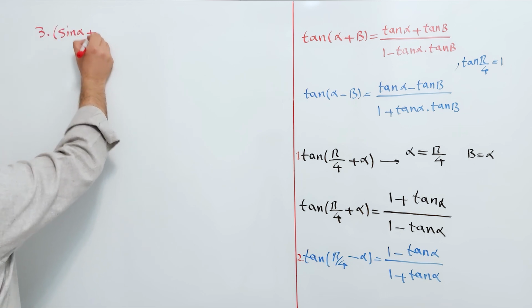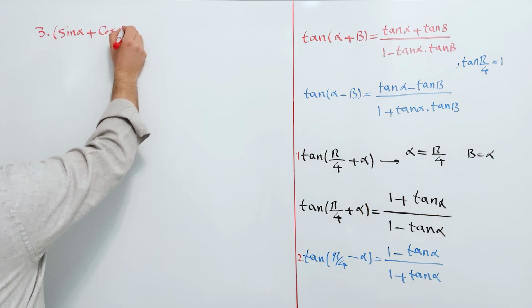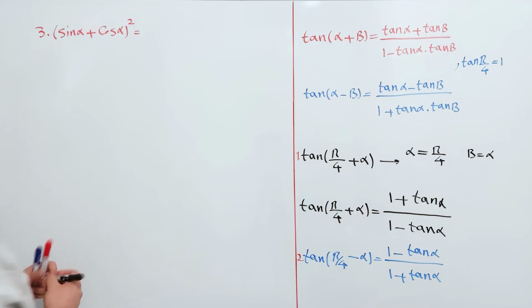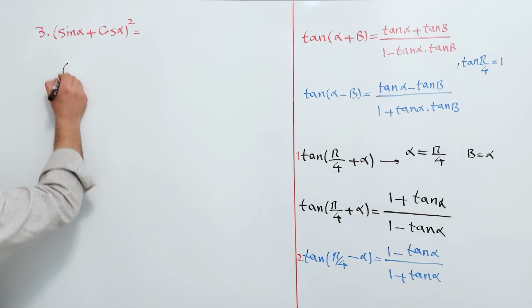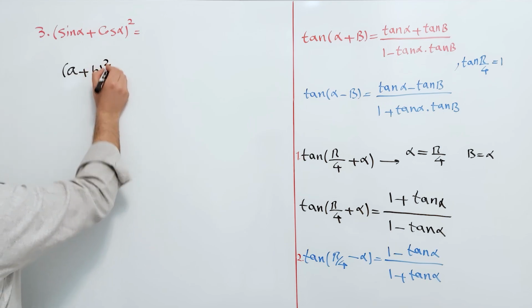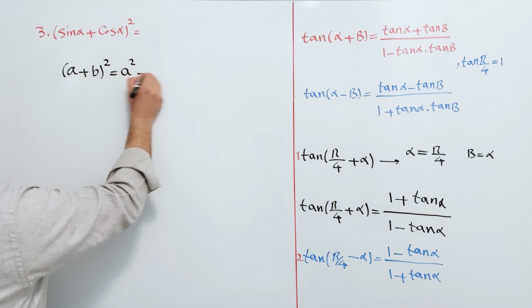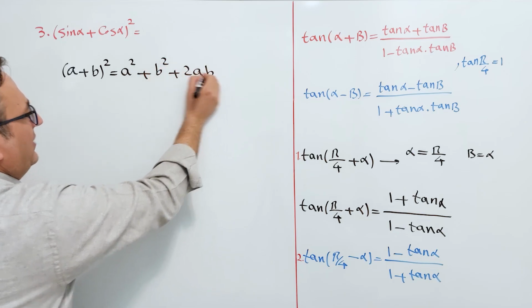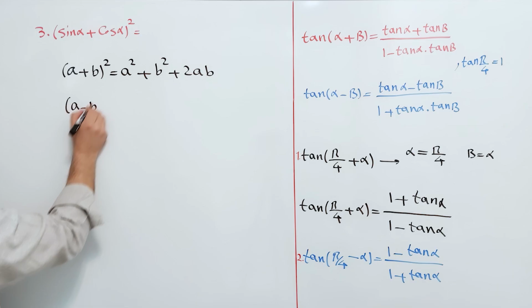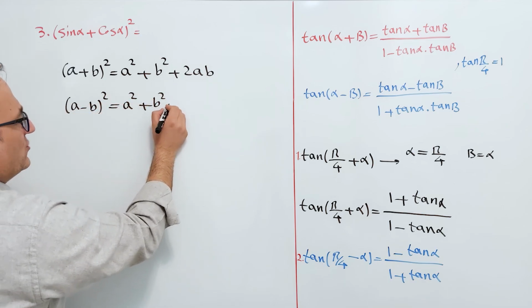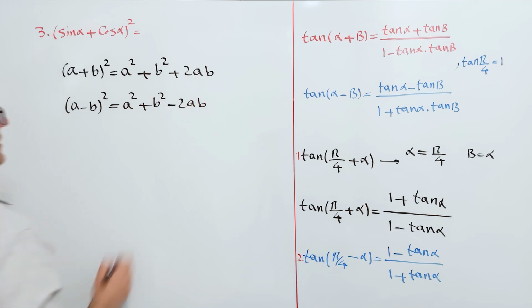So number 3, sine alpha plus cosine alpha all squared is equal to. Do you remember this formula? A plus B all squared is equal to A squared plus B squared plus 2AB, and A minus B all squared is equal to A squared plus B squared minus 2AB.